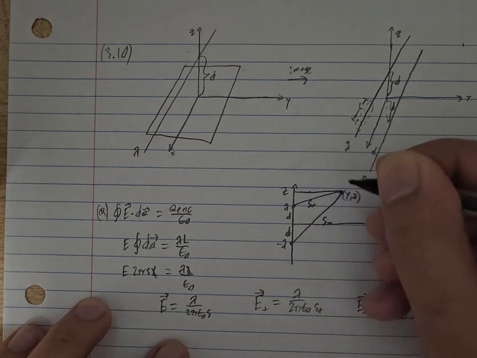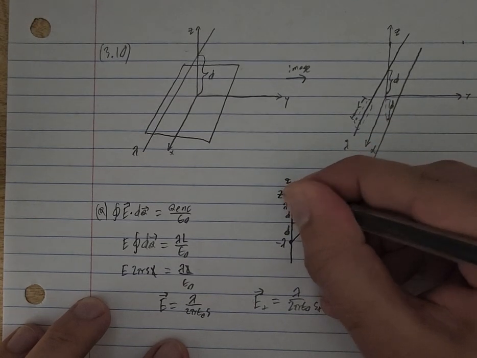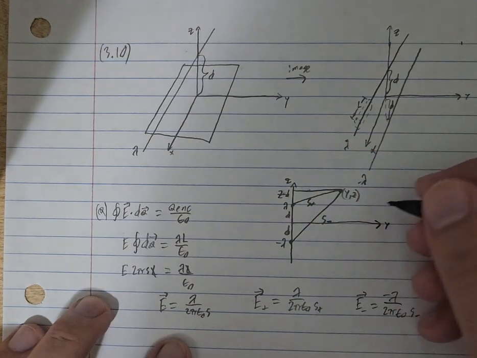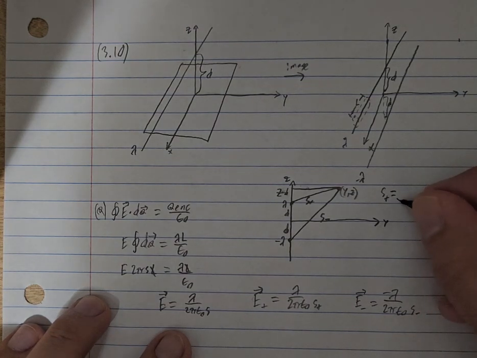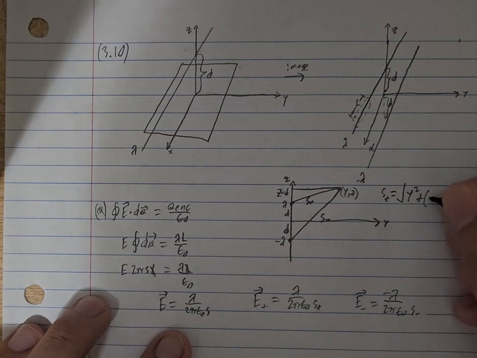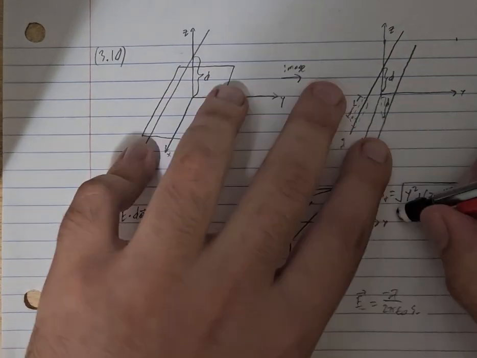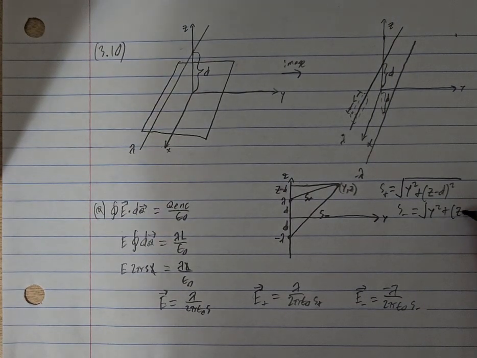If we find this distance, z minus d, then we can find s plus to be the square root of y squared plus z minus d quantity squared, and s minus to be the square root of y squared plus z plus d quantity squared.